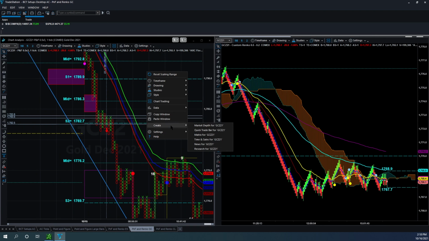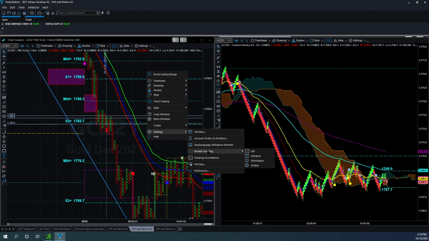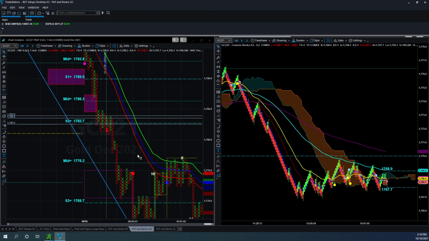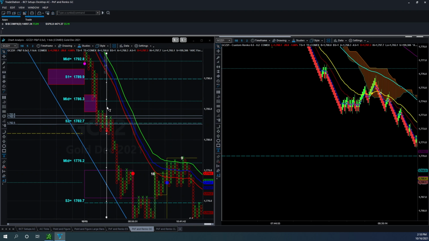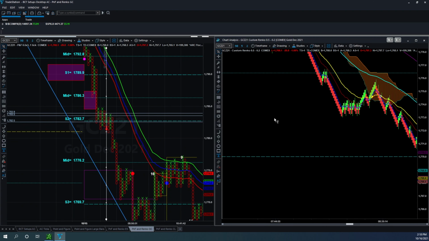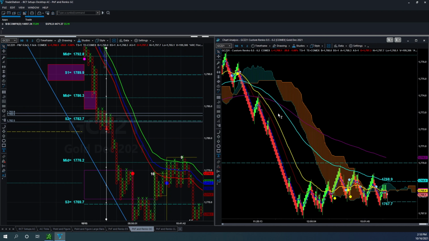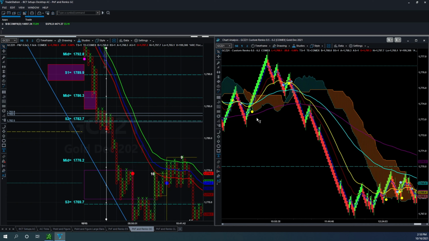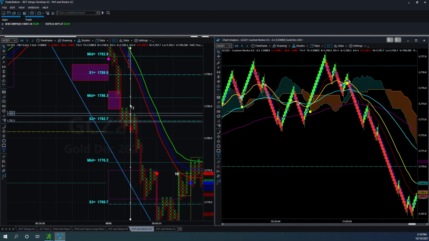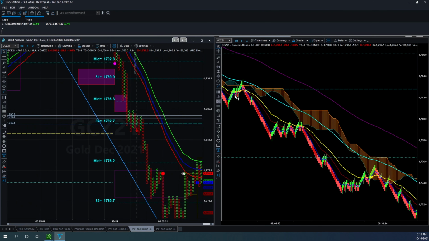So let's see. I'm going to put the pointer for the workspace so we can come here to this area, and then we can see, or we cannot see actually. Let's go back here.